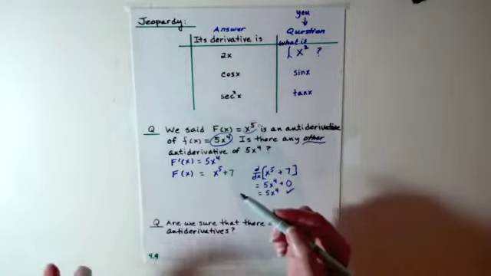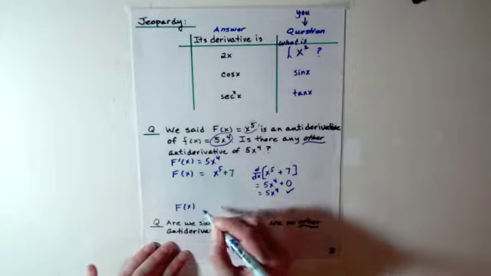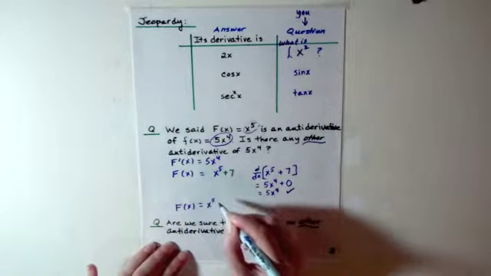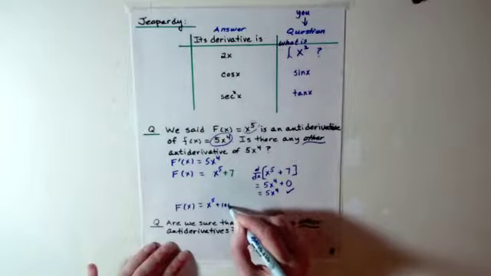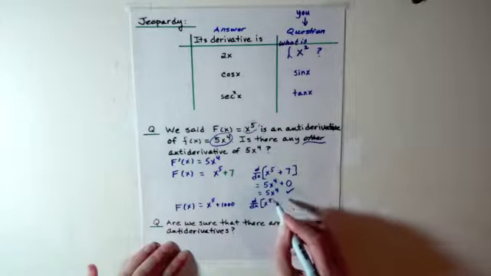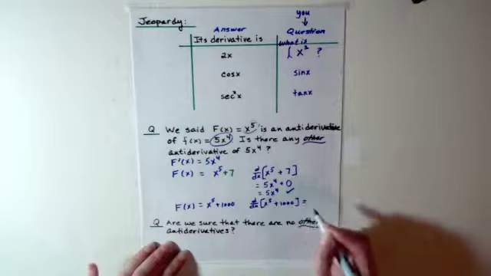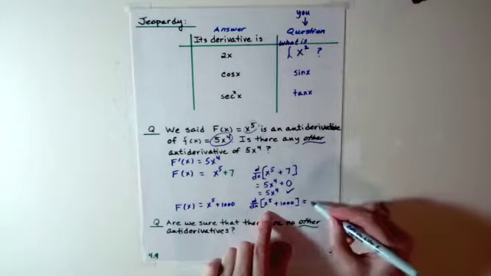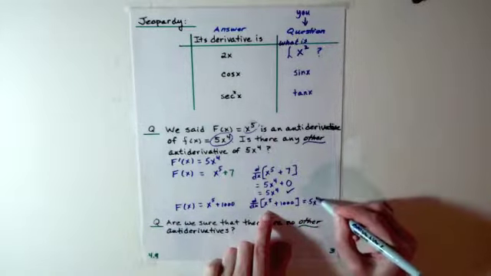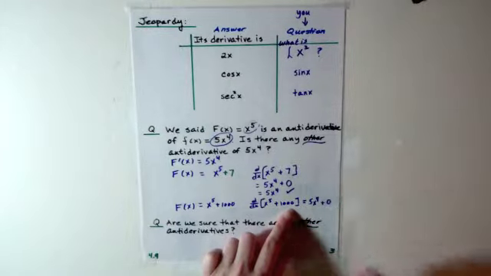Could I add a different number on? Sure. I could add on something like x to the 5th plus 1,000. If I go back and take the derivative of x to the 5th plus 1,000, it will work out correctly, because derivative of x to the 5th will be the 5x to the 4th, and derivative of 1,000 will still be 0 because it's a constant.